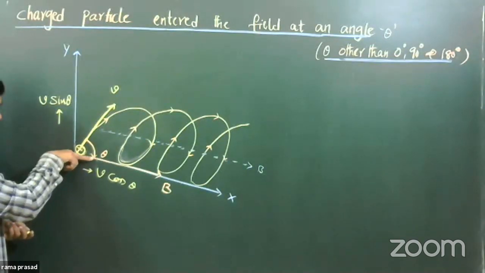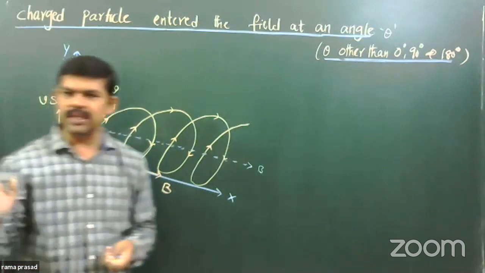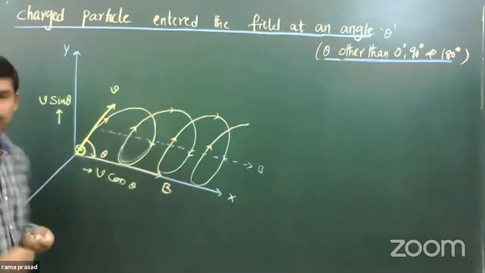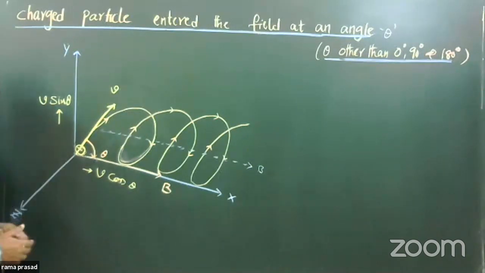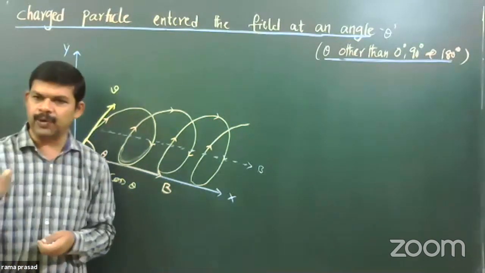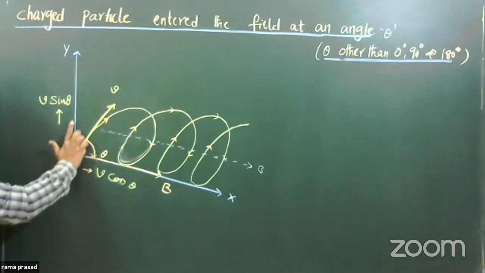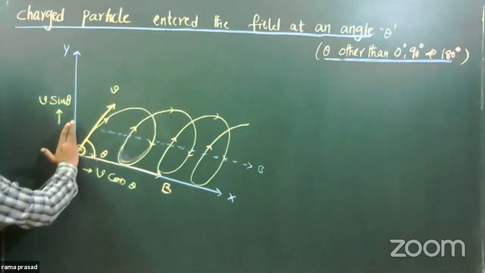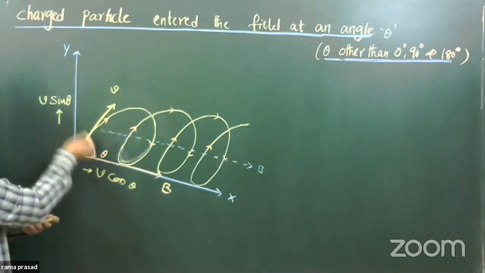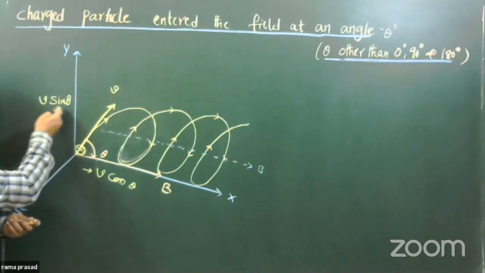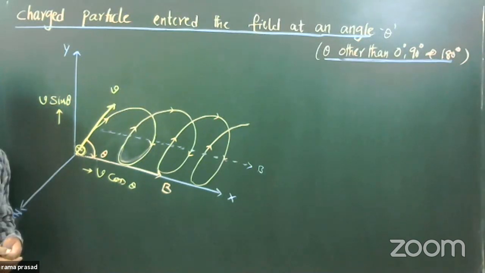Whenever a particle moves along the direction of the field, it experiences no force. That we know. Means this v cos theta component does not contribute to force. See this component, v sin theta component. Whenever a particle enters the field, it is just like a particle entering the field perpendicularly with this velocity.